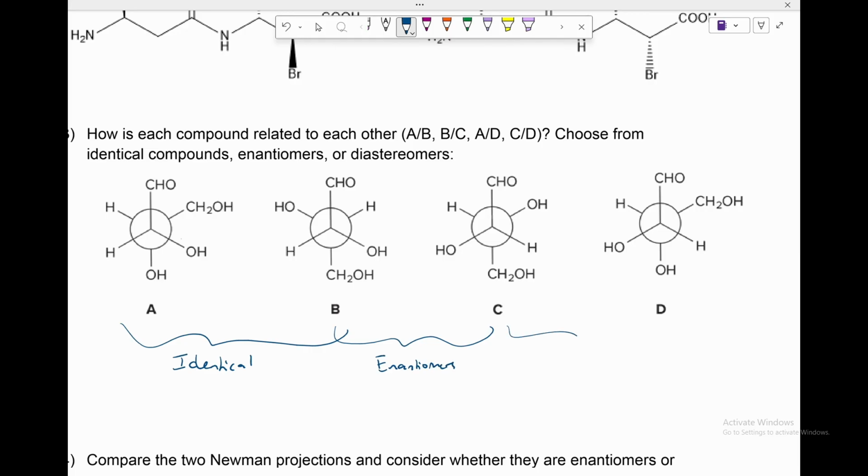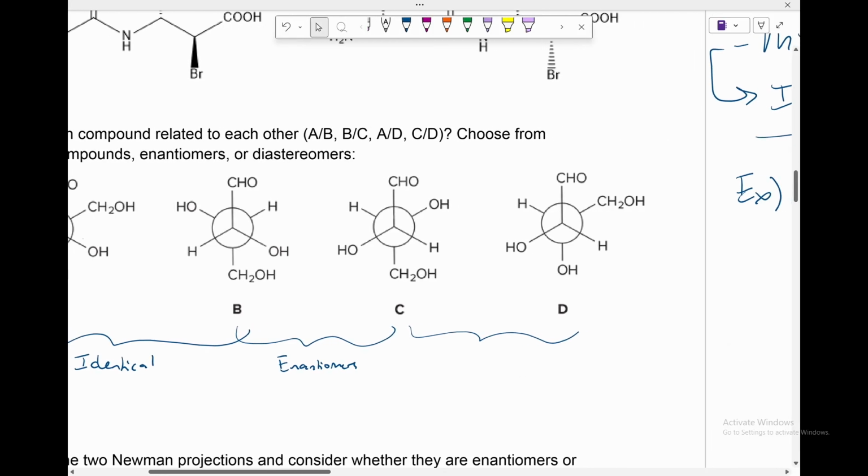And C to D, we can see that the front carbon is the same, but can we rotate the back carbon so that the OH is aligned, right? So if we rotate this, the CH2OH will be on the left, and the H will be on the right. So if the front carbon's the same and the back carbons are different, then these have to be diastereomers.